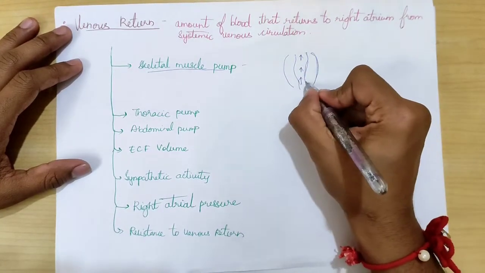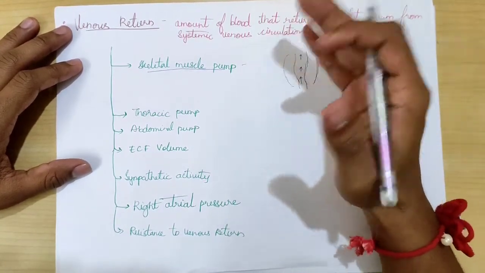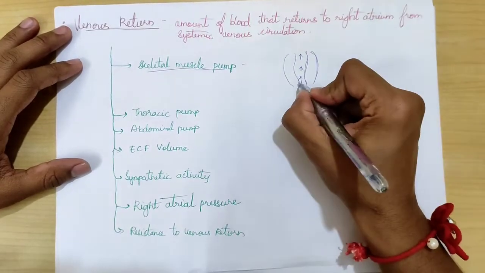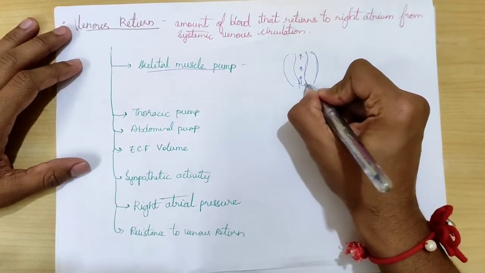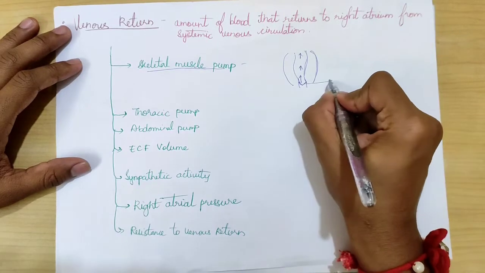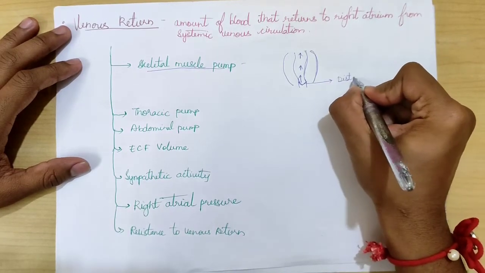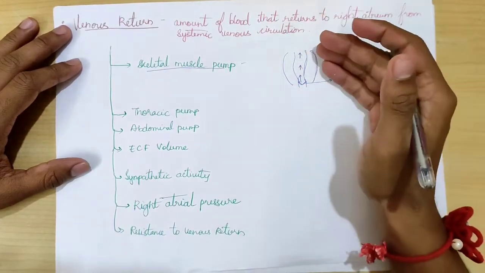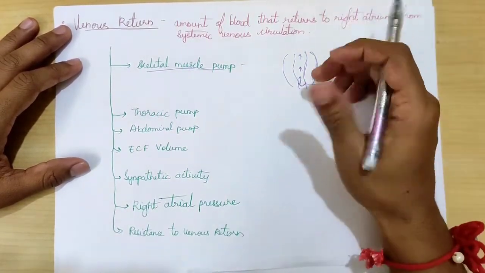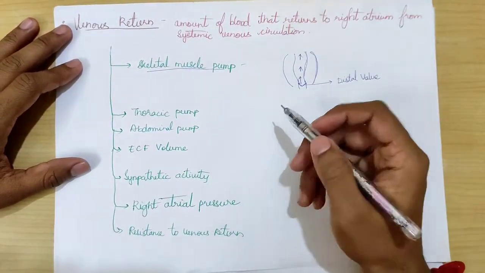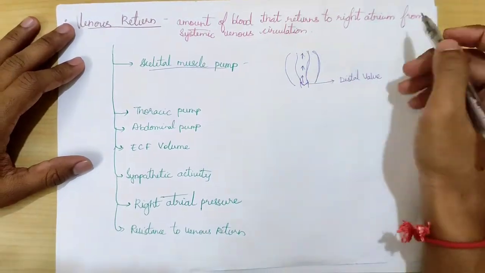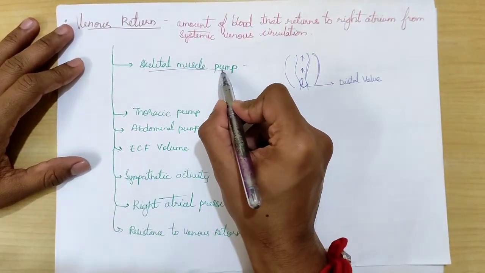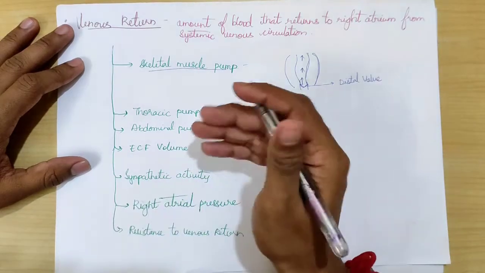It does not go backwards because there is a valve on the distal side of the blood vessel, which is present in the muscles. So when the muscle contracts, the blood moves upwards and the venous return increases. Therefore the skeletal muscle pump helps the venous return and increases it.